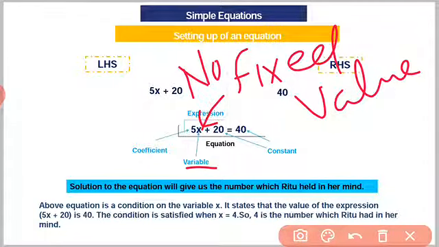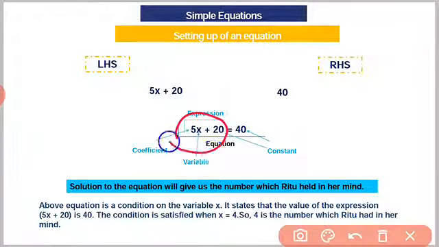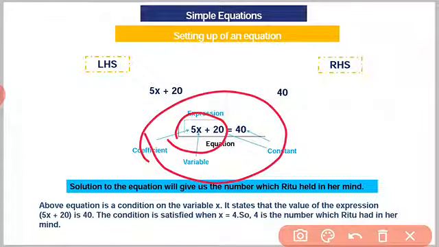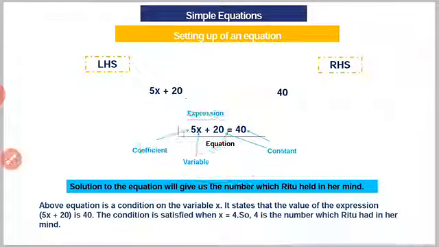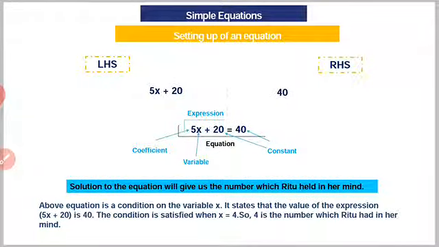Recall this, what you have learnt in the chapter algebra from class 6th. And 20 and 40 are constants as their value is fixed. So this is an expression and the whole thing is an equation. The solution to the equation will give us the number which Ritu held in her mind. So the above equation is a condition on the variable x.